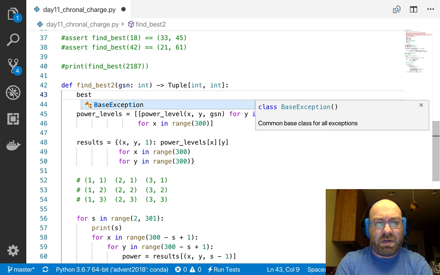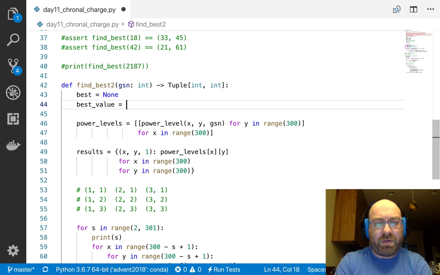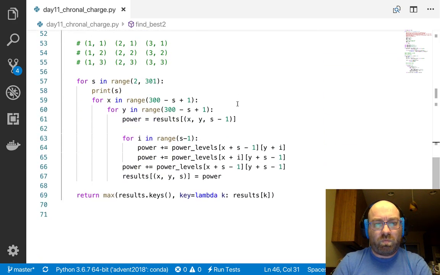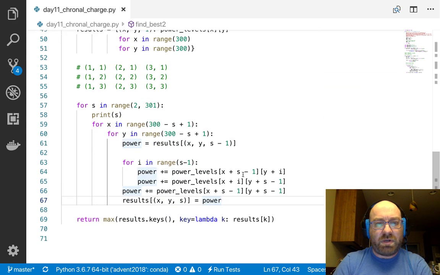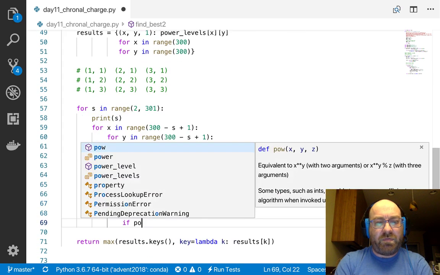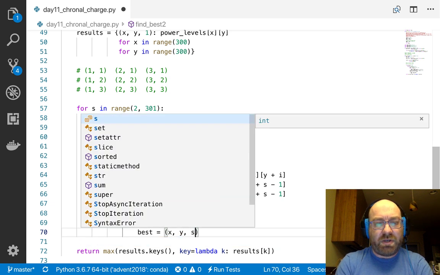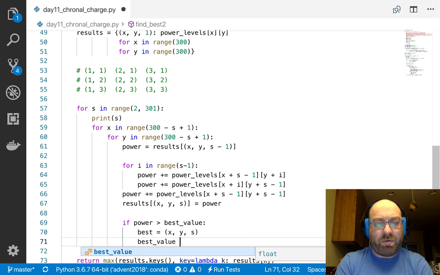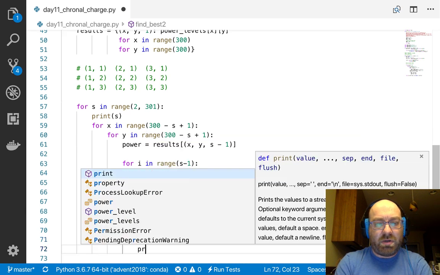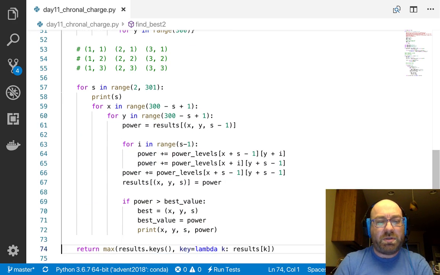Let's just say best equals None, best value equals minus infinity, results x, y, s equals power. If power is bigger than best value, best equals x, y, s, best value equals power, print x, y, s, power.